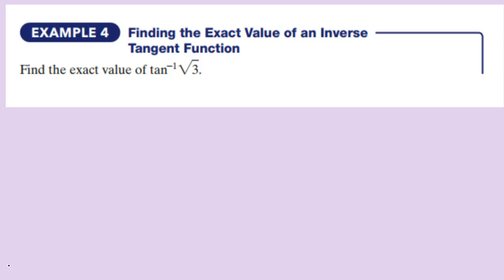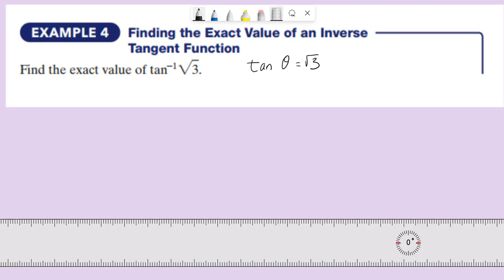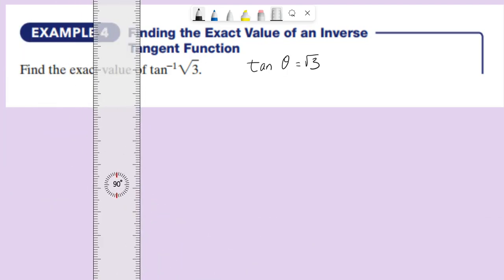We're asked to find the exact value of the inverse tan of root 3. So let's rewrite that as tan of theta equals root 3. And let's mark our coordinate plane so we know what values we're dealing with.